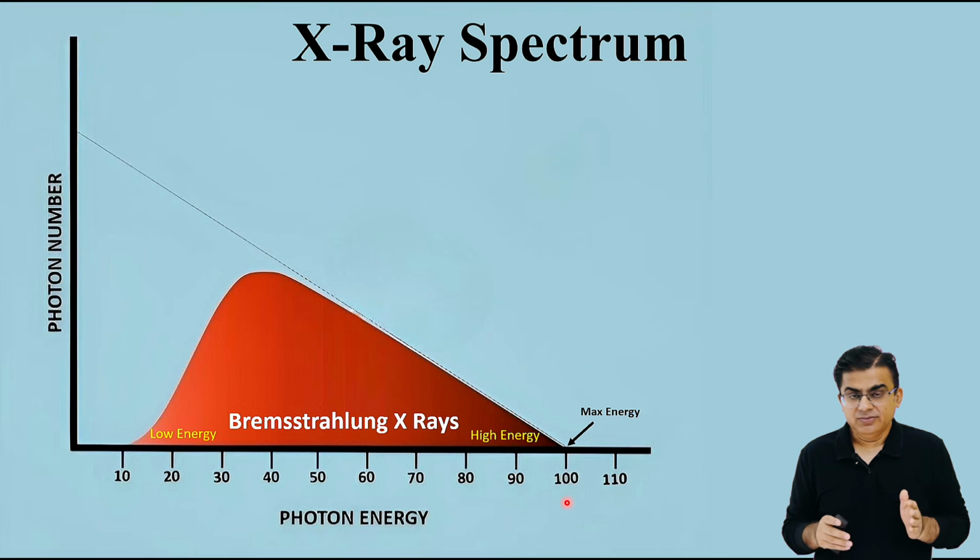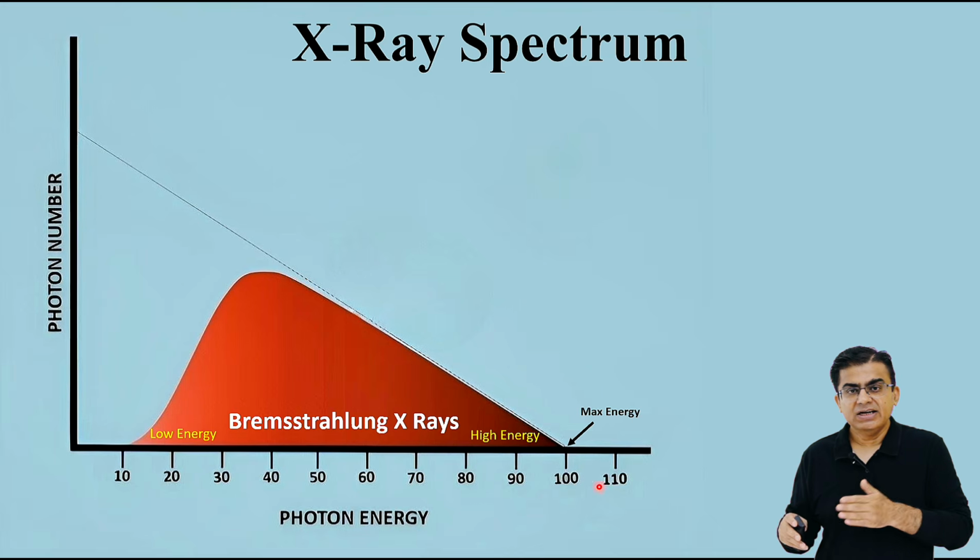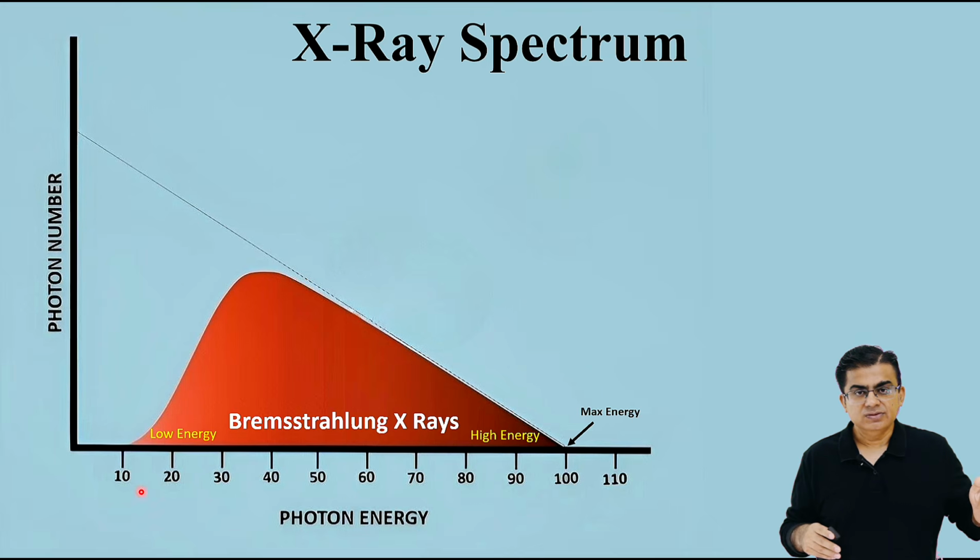Please listen to me very carefully. This beautifully smooth curve clearly proves a very important clinical fact. Our clinically used X-ray beam is not made up of just one single energy photon. It is a completely heterogeneous beam containing many different energy level photons.